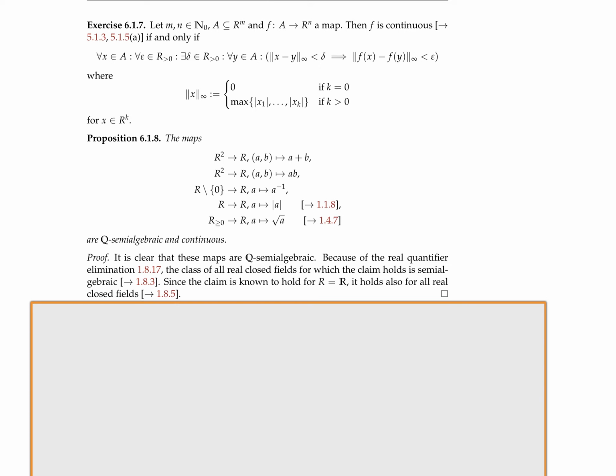It is clear that these maps are Q semi-algebraic. For example, let's take the first map here, and why is this Q semi-algebraic?